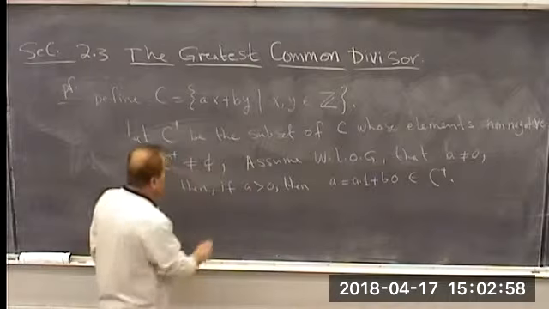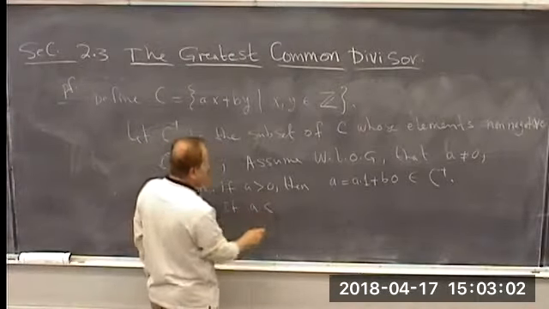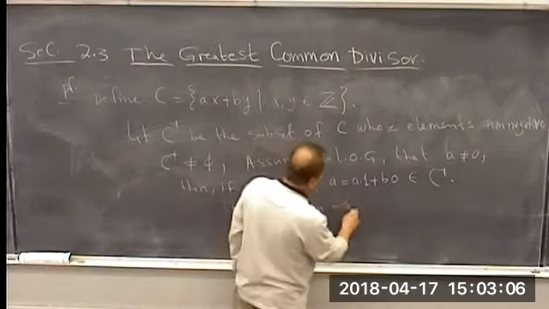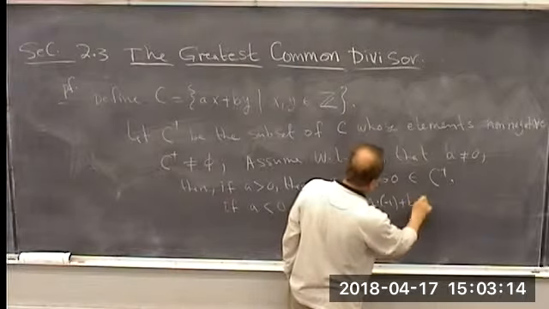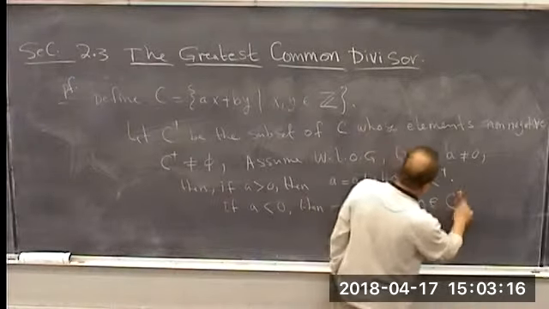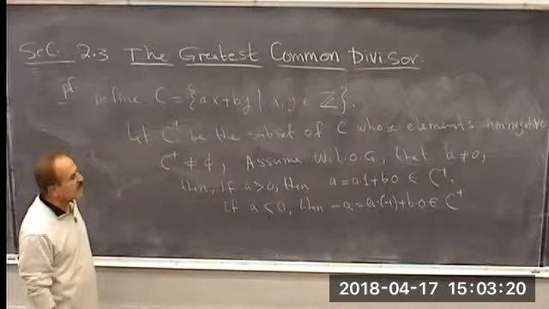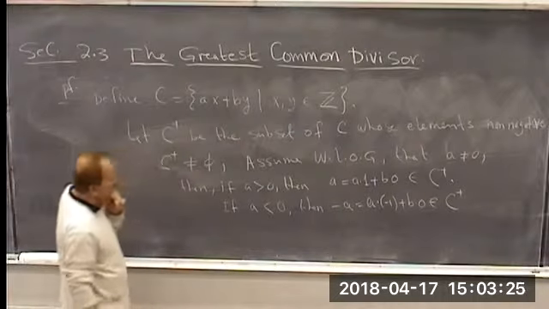If A is less than 0, then minus A, which is equal to A multiplied by negative 1 plus B times 0, is also in C plus. So we would take the multiple to be negative 1 in this case. Therefore, we do have a nonempty set.